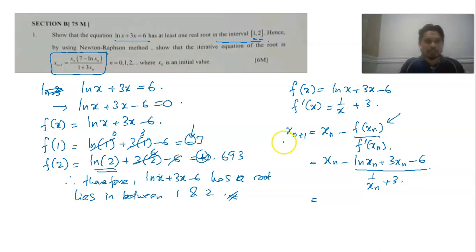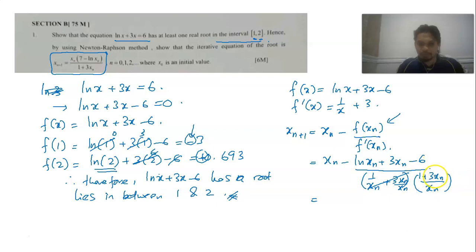Okay, so let's try this. 1 over x_n plus 3, just imagine that it's 3x_n divided by x_n. So 1 plus 3x_n, all divided by x_n.